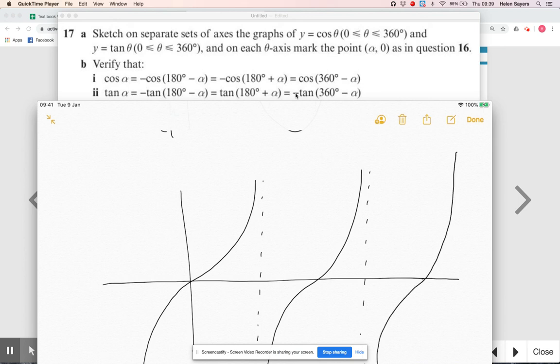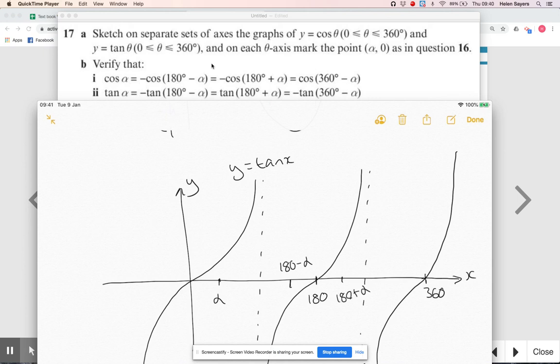So I've got my intercepts at 180 and 360. That's the graph of y equals tan x. Okay, so alpha was about there somewhere. So I need to label on 180 minus alpha, so that can be about there, and then 180 plus alpha, about there, and then 360 minus alpha.